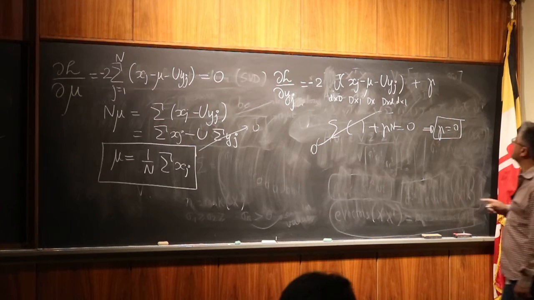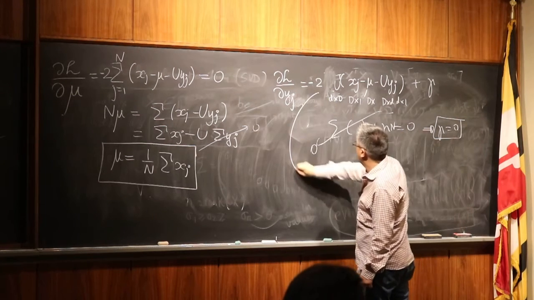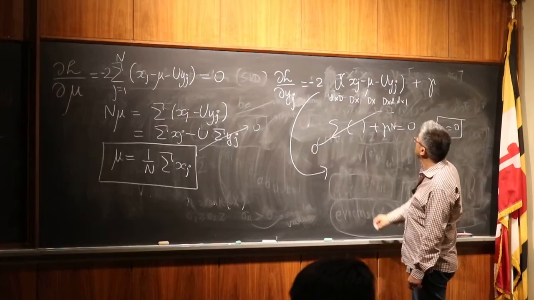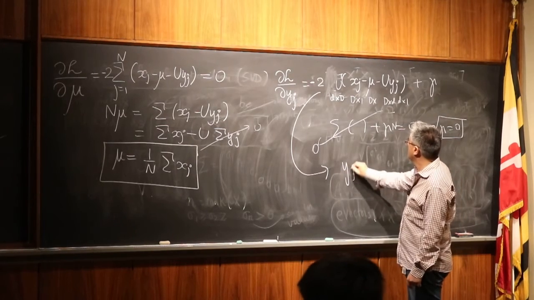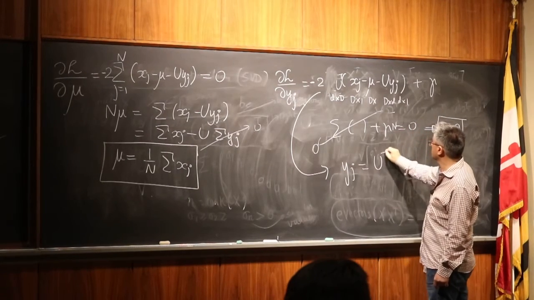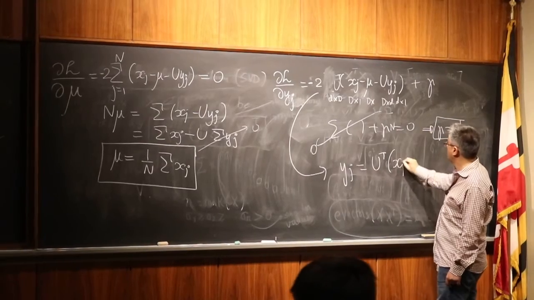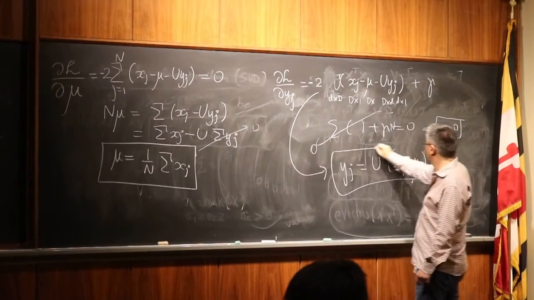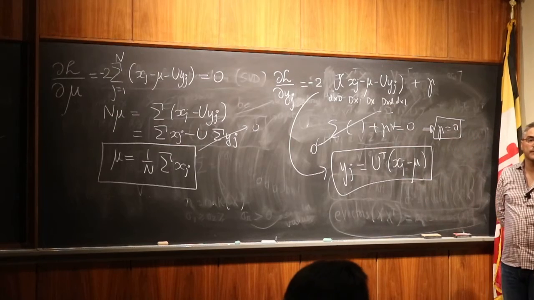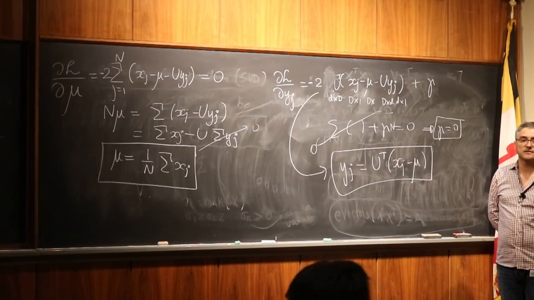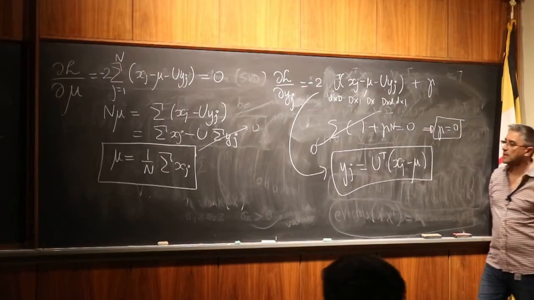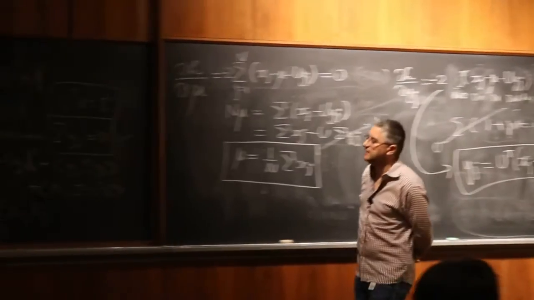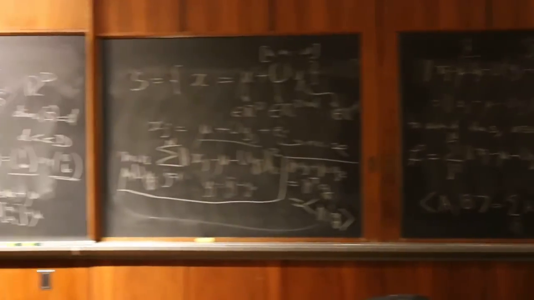And what do I obtain from that equation? I obtain that yj is equal to u transpose xj minus mu. Right? That's what I obtain. Did I get it right?